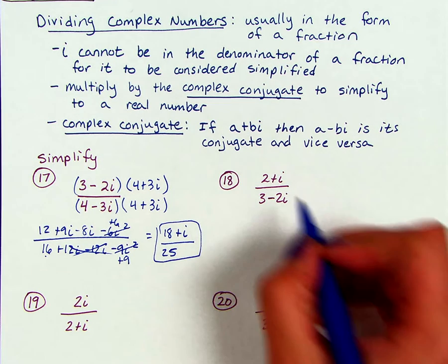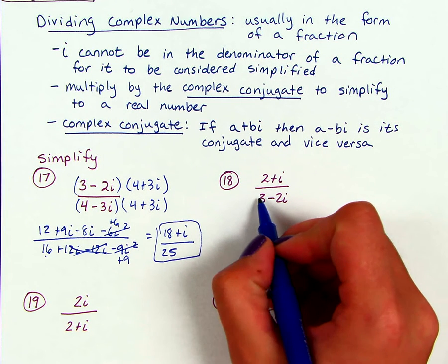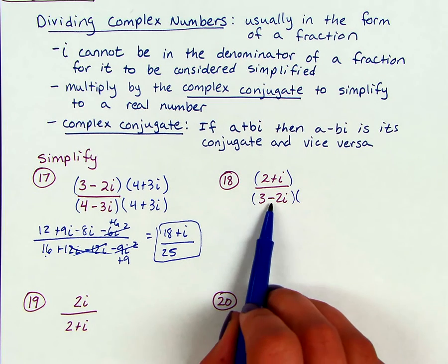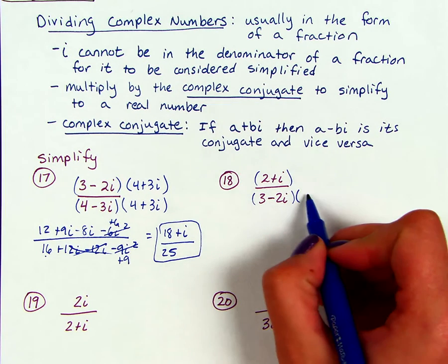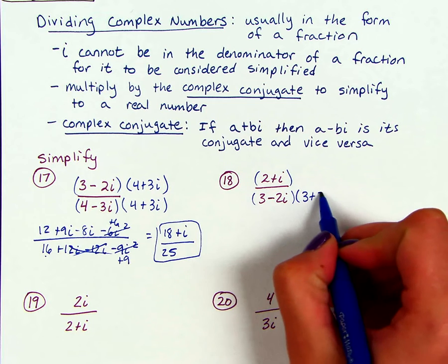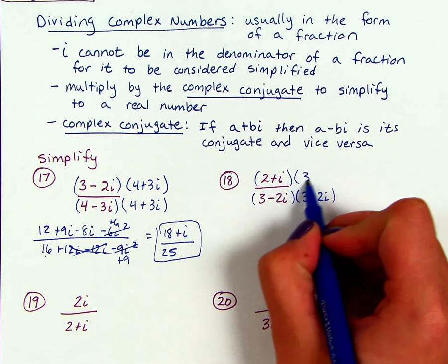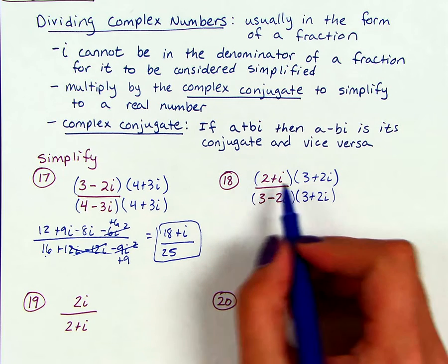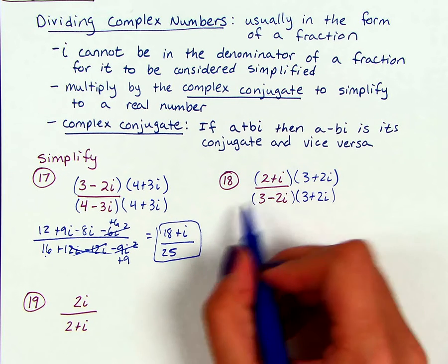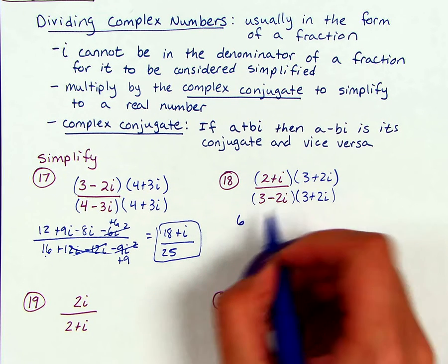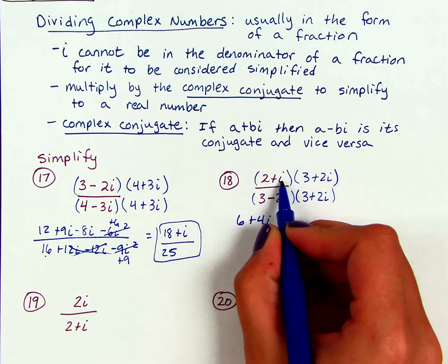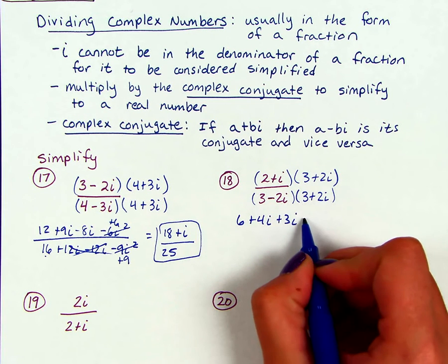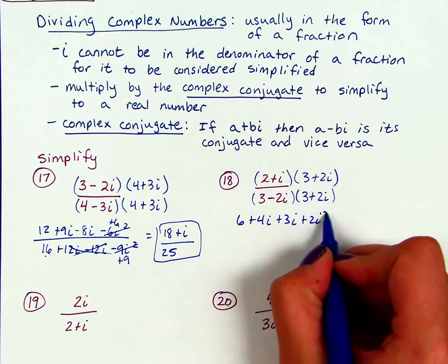All right, next set. So again, we are starting by putting parentheses around it, and then we're multiplying by the conjugate. So again, we're just changing the sign in the middle. So we're going to multiply by 3 plus 2i to both the top and the bottom. So if we FOIL, starting with the top, 2 times 3 is 6, 2 times 2i is 4i, i times 3 is 3i, i times 2i is 2i squared.